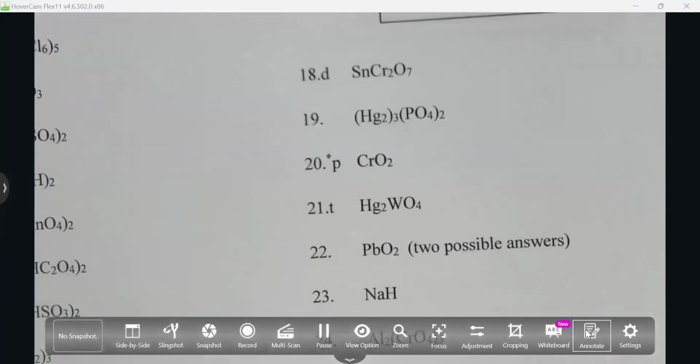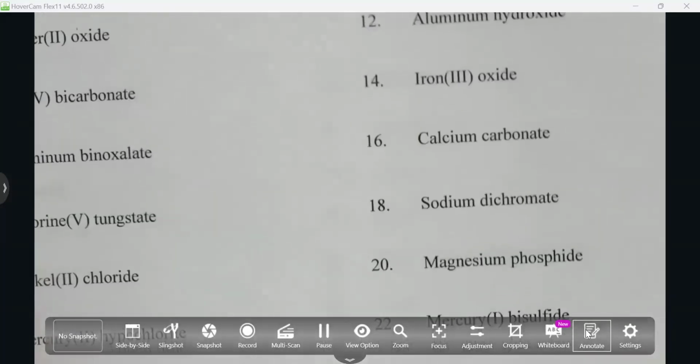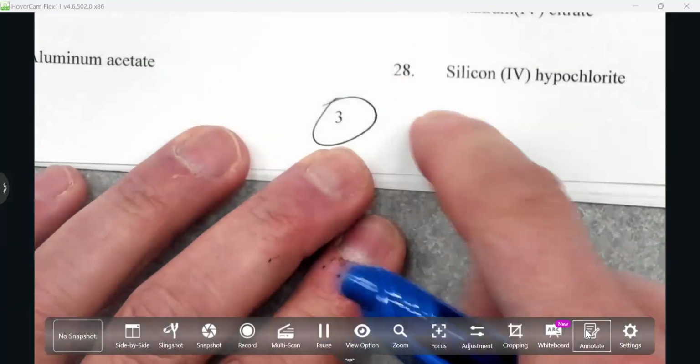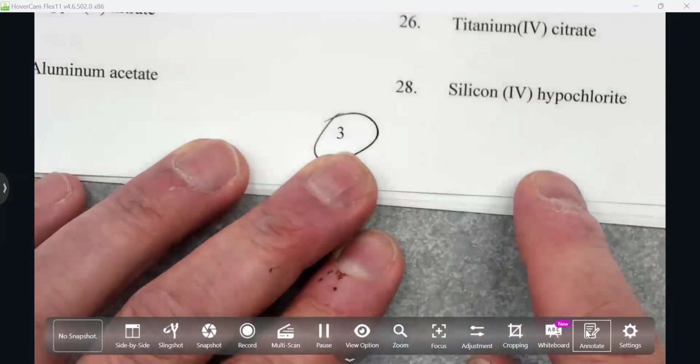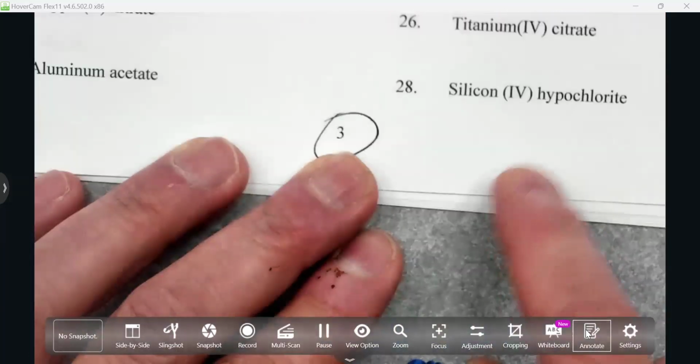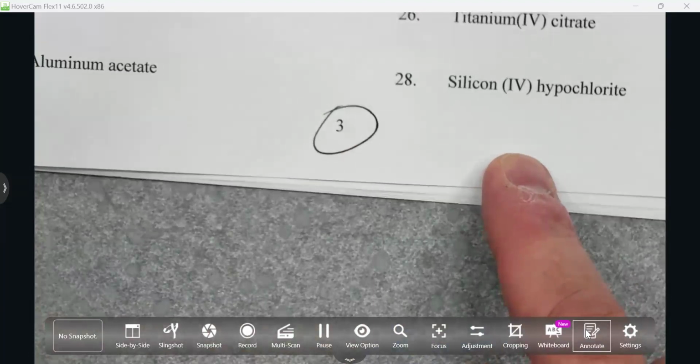I want you to go through page 4 on this. No, I don't. Finish this page. Finish through page 3. Look in Canvas. There is a scan of all the answers.